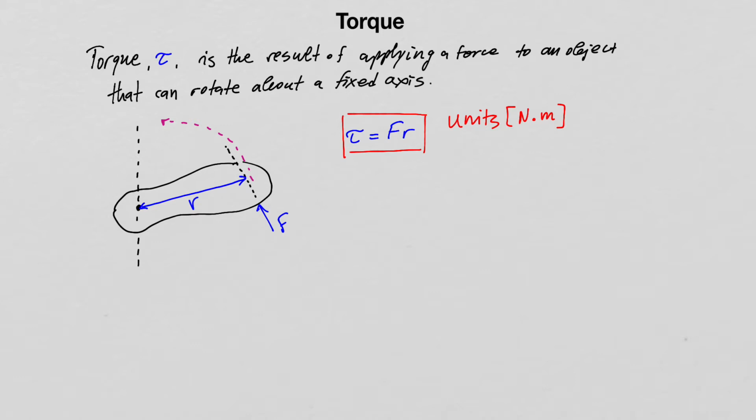The magnitude of the torque generated by this force depends on several different parameters, meaning how far away from the axis of rotation this force was applied, or how exactly it was applied with respect to the axis of rotation. In other words, what was the direction of the force when it was applied to the object. Let's illustrate that with several drawings.